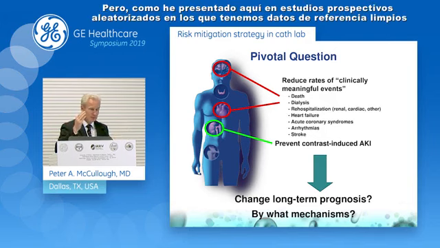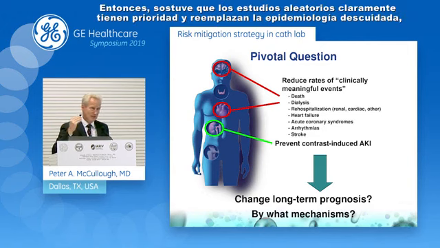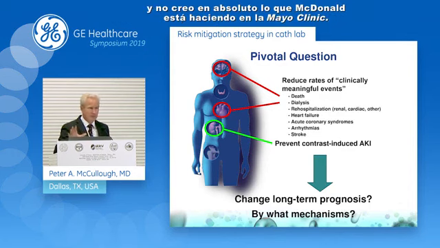But as I've shared with you, in prospective randomized trials where we have a clean baseline and we measure creatinine over time, the problem always exists. So I've made the case that the randomized trials clearly take priority and supersede sloppy epidemiology. And I don't believe what McDonald is doing from the Mayo Clinic one bit.